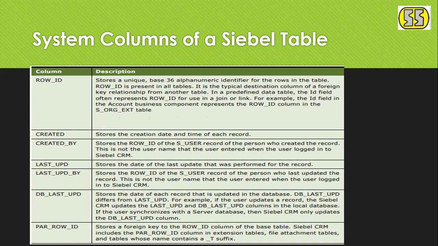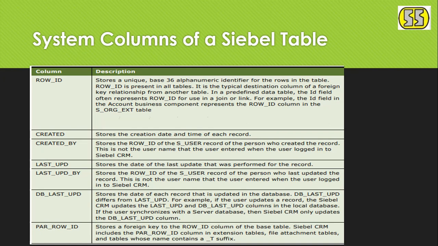Last updated by. Now assume that one record got created in 2010. Now in 2015 somebody changed the address or the email address. How can I track when this recent change happened? From last updated and last updated by. Which agent changed this record, or who logged in and changed this record value, I can figure out from these columns, created, last updated by.